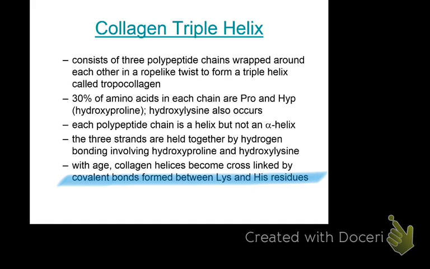Okay. And so the helices cross-link, but why would that matter? What happens as you age? You start to sag, you get wrinkles, your skin's not as pliable. So why would that matter? You would think, because they're cross-linking, it should be even stronger than it was before?